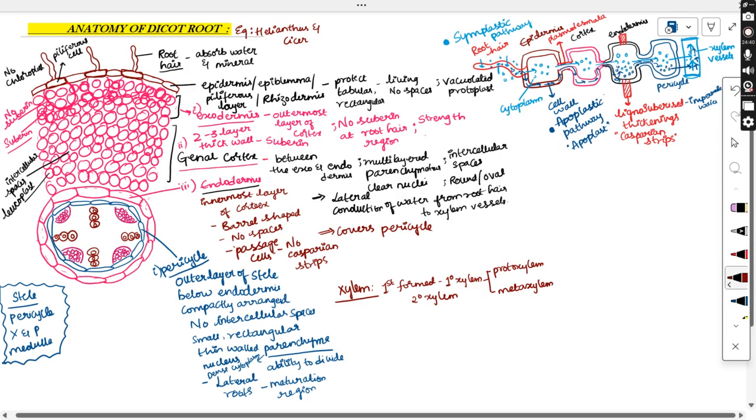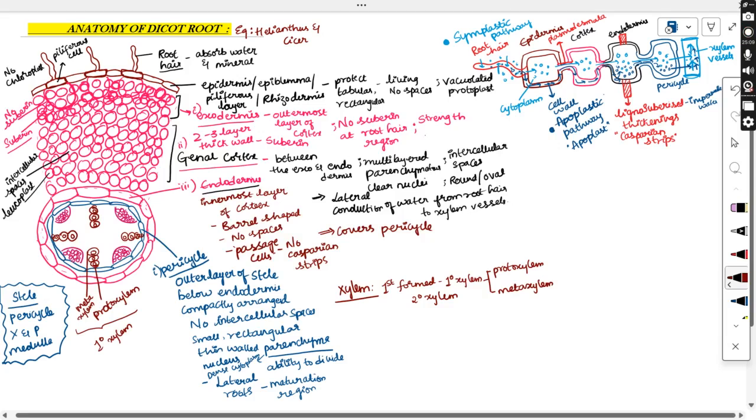First we'll go with the primary xylem. The small cells which I drew in a smaller size at the bottom are the first formed xylem, that is the protoxylem, which is a part of primary xylem. And these are the metaxylem, which is formed later than the protoxylem. These two parts come under the primary xylem.